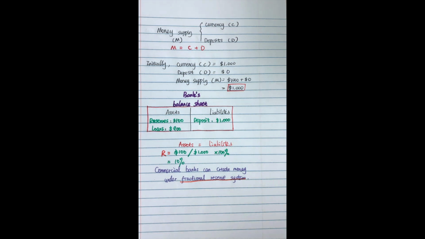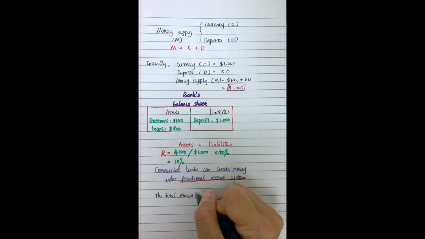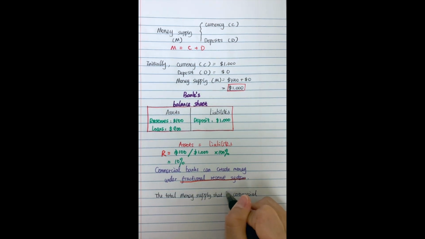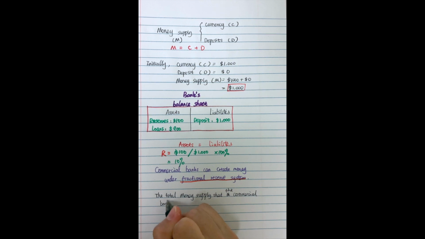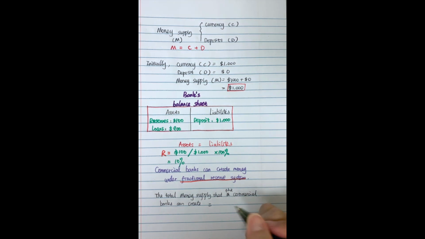And the total money that commercial banks can create, okay, so here I will write it down. The total money supply that the commercial banks can create will equal the deposit divided by the reserve ratio, okay?